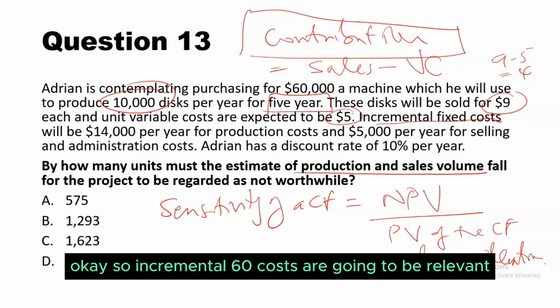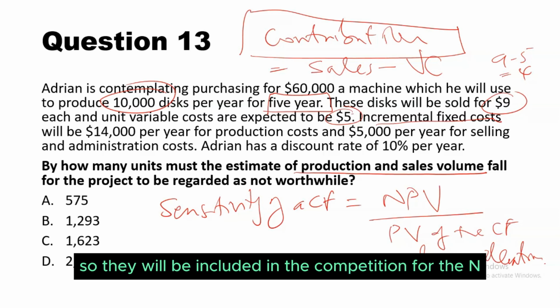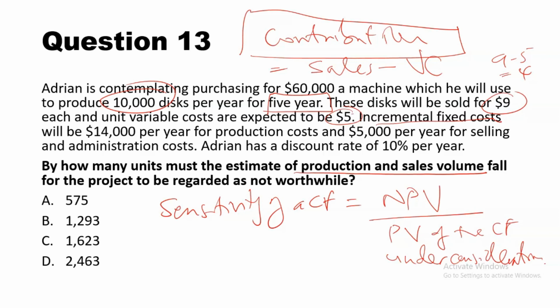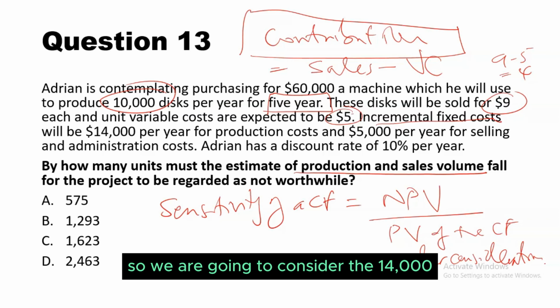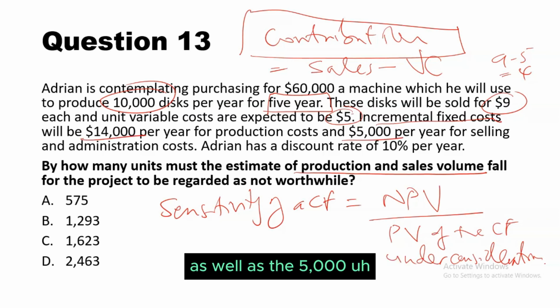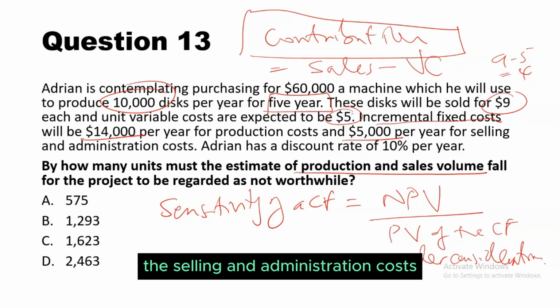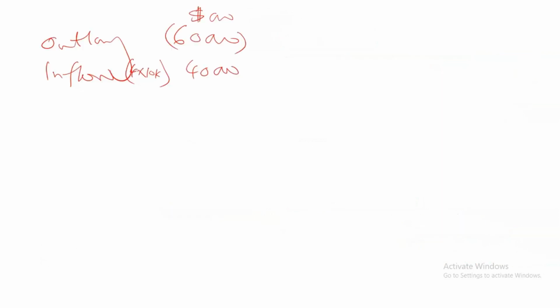Incremental fixed costs are going to be relevant, so they will be included in the computation for the NPV of the project. So we are going to consider the 14,000 as well as the 5,000, the selling and administration costs.